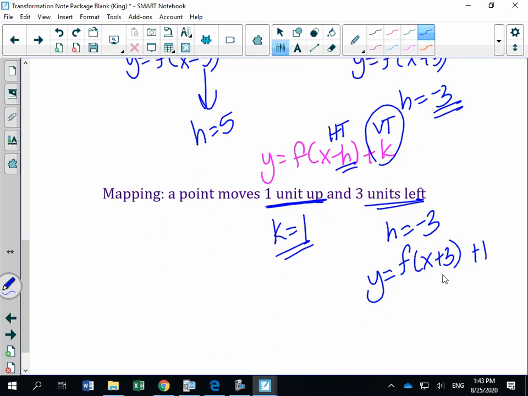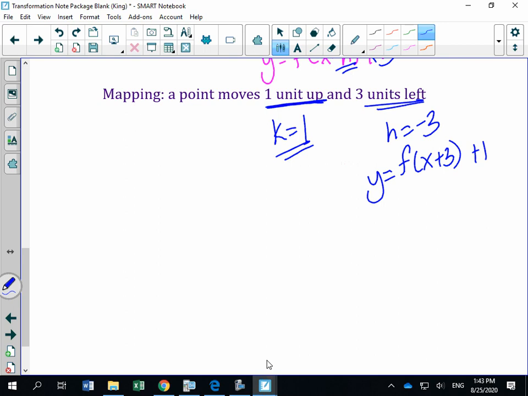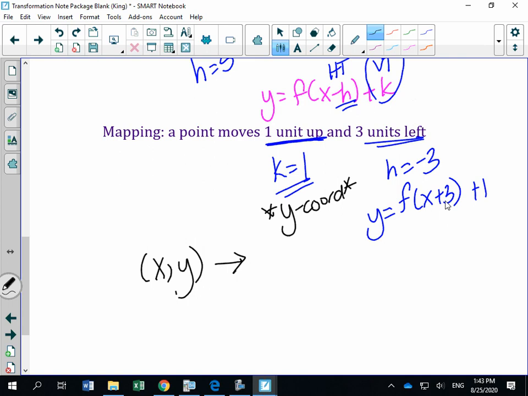Now, if we're mapping, I'll give you a coordinate. So x comma y would be your coordinate. And then you're going to have to move your coordinate 1 unit up and 3 units left. Now, the up value, 1 unit up, remember that's your y coordinate. And your 3 units left affects your x coordinate.